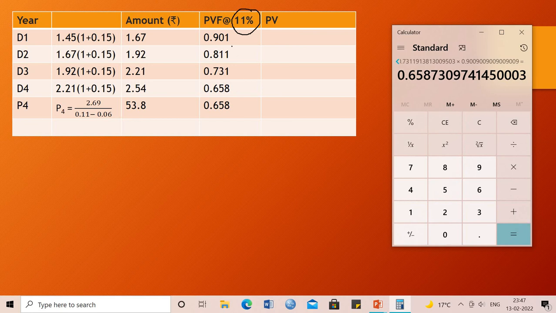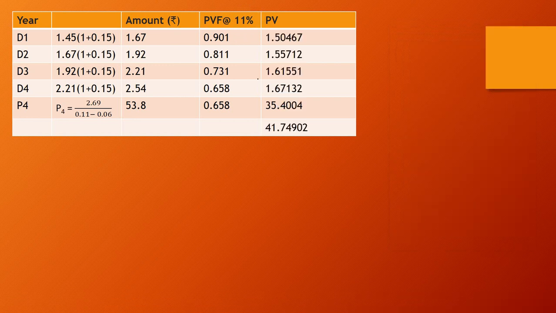Now what we have to do, we have to multiply this amount with the present value factor. If we multiply, we get 1.67 multiplied by 0.901, it will be 1.504. Similarly, you have to multiply these two parts, that means amount and the present value factor. You will get these values, and after that you have to add all these values.